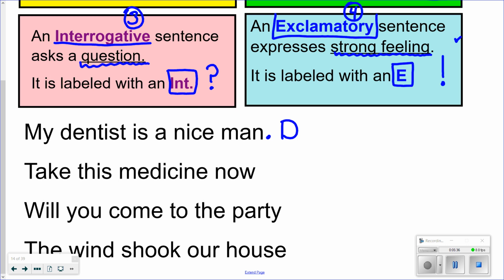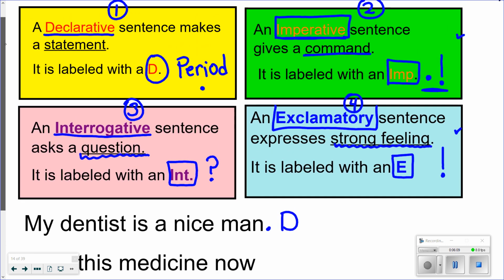The second sentence, take this medicine now. Well, if I think about that, is that a statement of a fact? Take this medicine now. No, it's not really telling me anything about the medicine. It's not a fact about the medicine, so it's not a statement. It's not declarative. Is it a command? Take this medicine now. Yes, good. So a command, remember, is an imperative sentence.